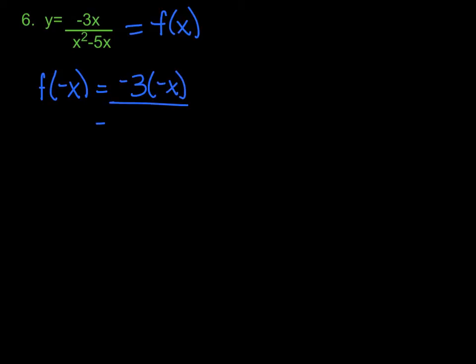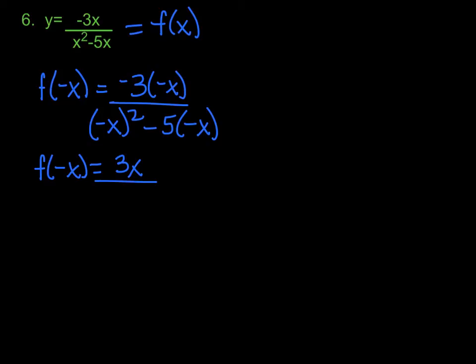Okay, I see x squared, so I'm going to go negative x, that quantity squared, minus 5 times negative x. Alrighty, so let's simplify that a little bit and see what we end up with. In the numerator, I'm going to have a positive 3x. In the denominator, negative x, if I square that, is x squared. And I have plus 5x.